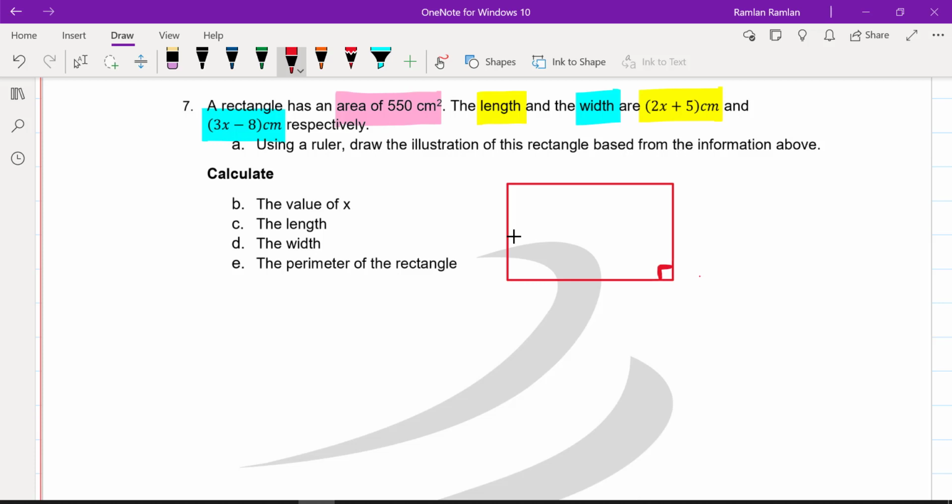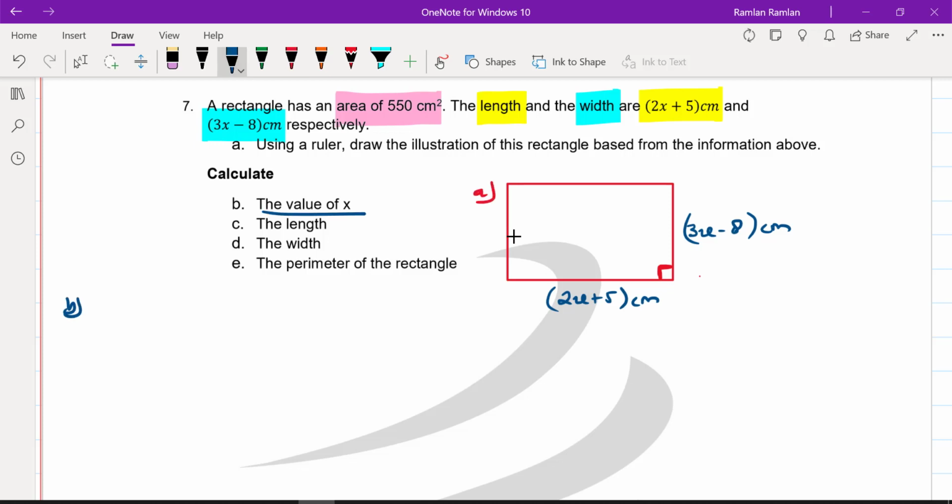Here we have the length, which is 2x plus 5 in centimeter. And then this one here is the width, that'll be 3x minus 8 in centimeter. Okay, that is for question A. Let's go to question B.